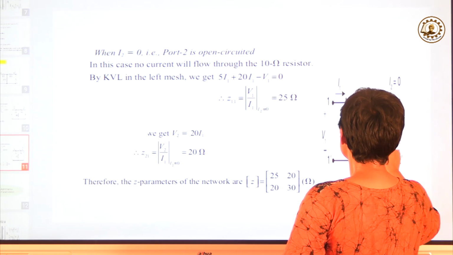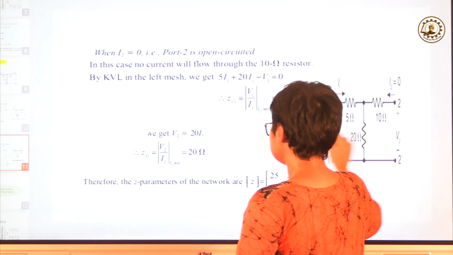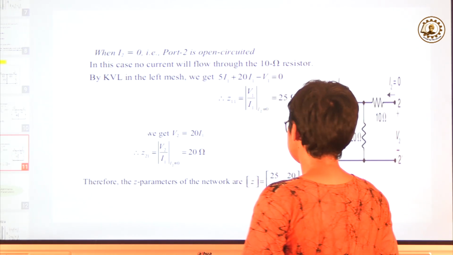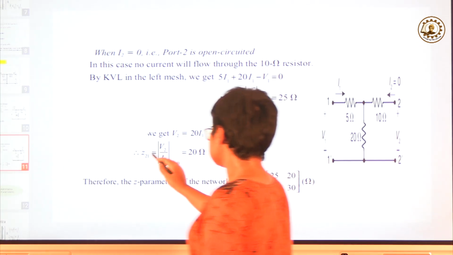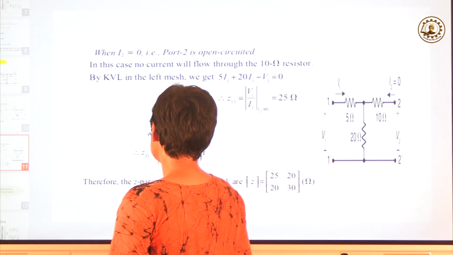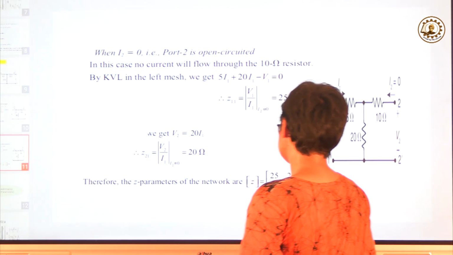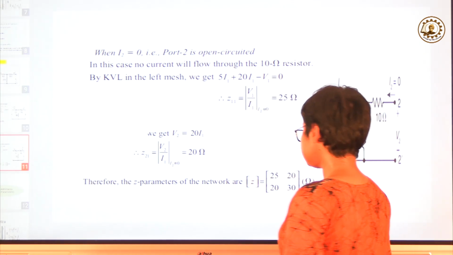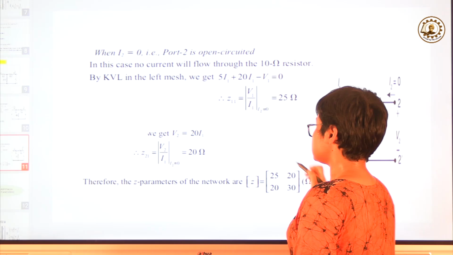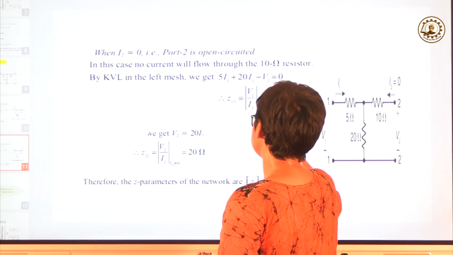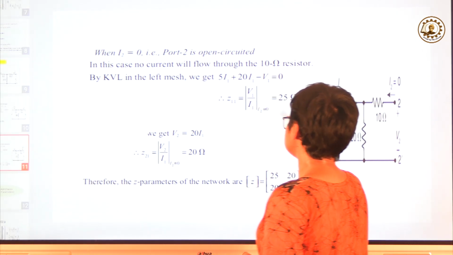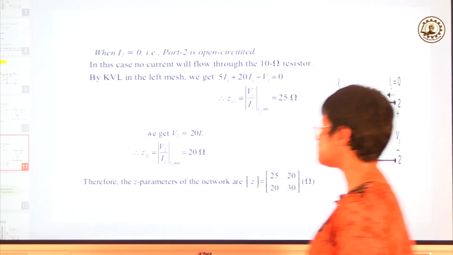Through 20 ohm only I1 is flowing, so V2 equals to 20 I1. From there we get the value of Z21 as 20. So this way we get the Z parameters of the network, and these are ohms, since all the values are obtained by the ratio of voltage and current.